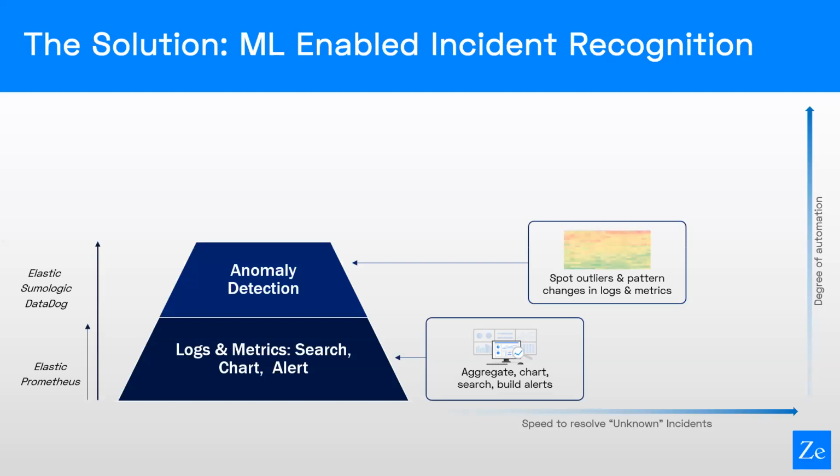So next up was the emergence of anomaly detection. This is where you're seeing patterns change and you're spotting outliers, typically in metrics. Some systems are attempting to do that with logs, but again, mainly it's metrics based. But the problem generally with this is there's still tuning that's required.